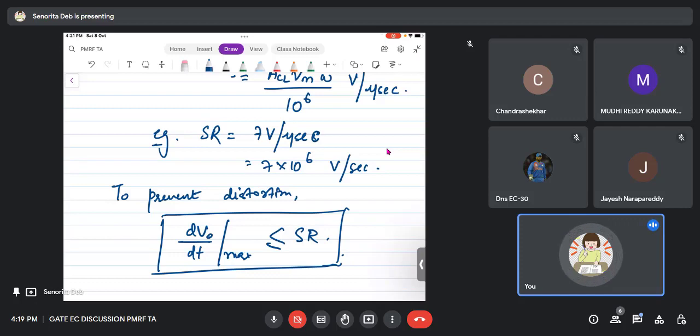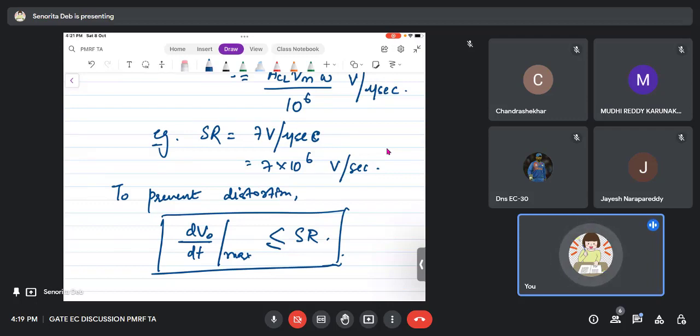Suppose I have an op amp rated 100 volt per microsecond. I have to make sure that I will not give an input that will cause an output change more than that. With that limitation, my change in input will also get limited.